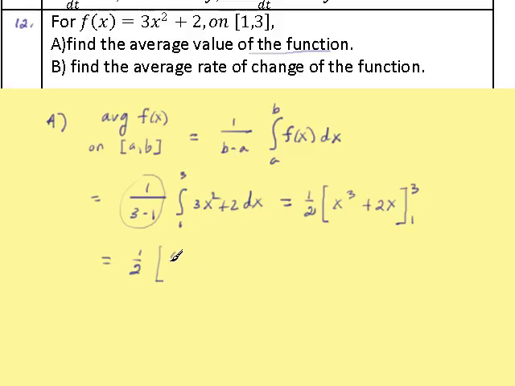That would be 27 plus 2 times 3, plus 6, minus, now we're substituting in 1, that would be 1 plus 2. We're going to multiply all that by 1/2. So this is 1/2 times 30, or 15 for the average value of the function on [1, 3].